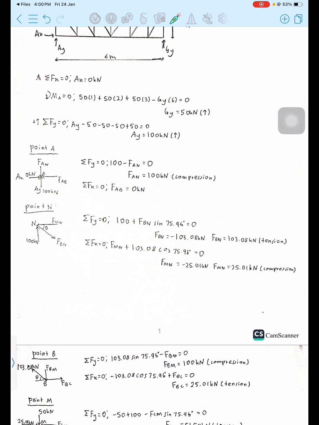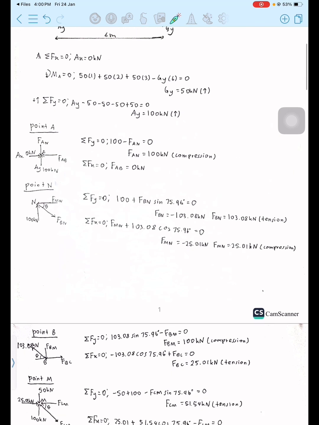So FBN is tension, and the direction is out of point N. For FMN, we use sum of Fx equals 0: FMN plus 103.08 cos 75.96 degrees equals 0. We get FMN equal to negative 25.01 kilonewton, so FMN is compression.